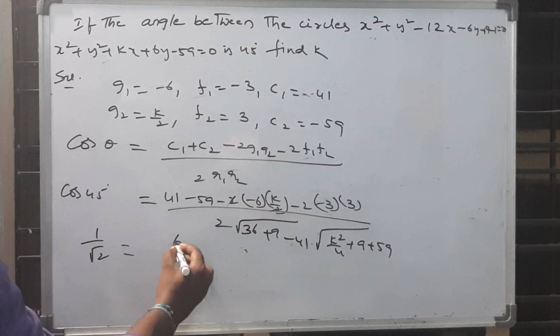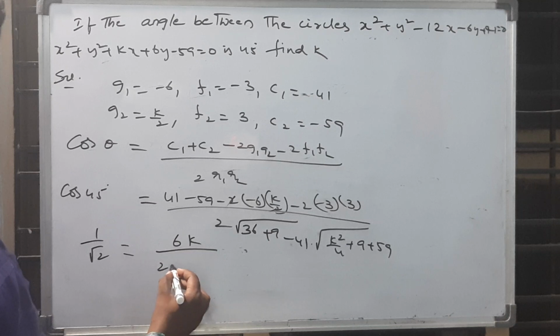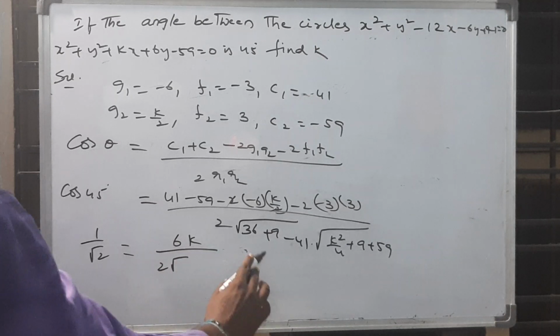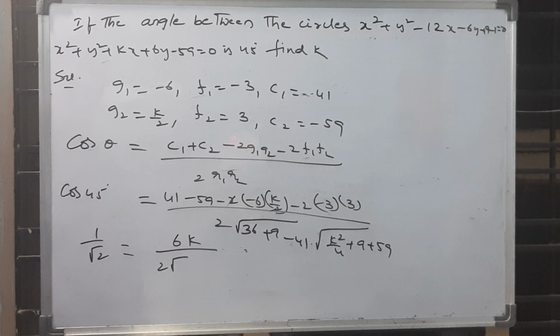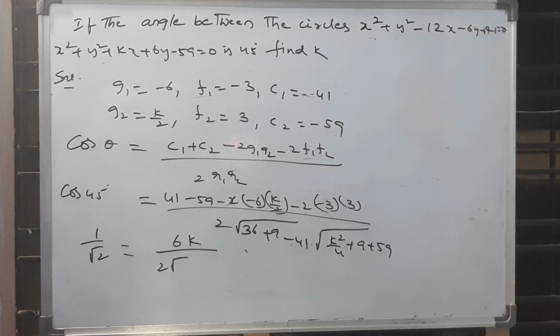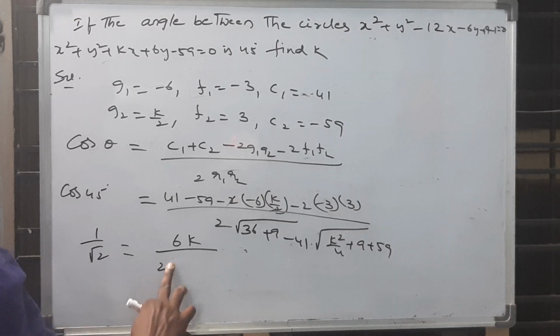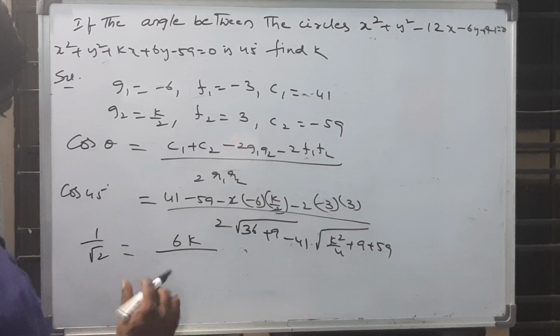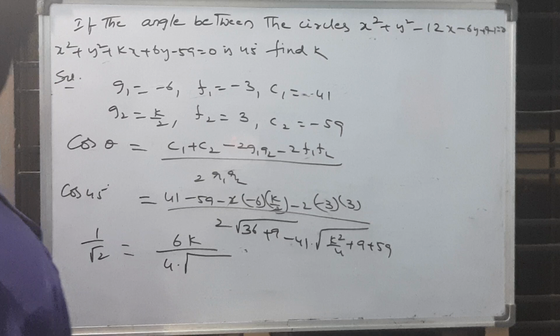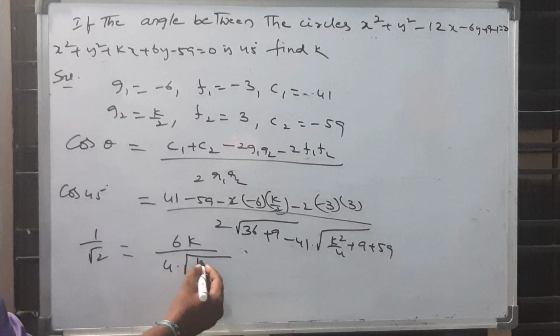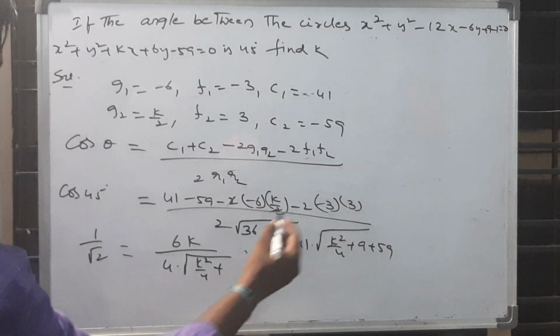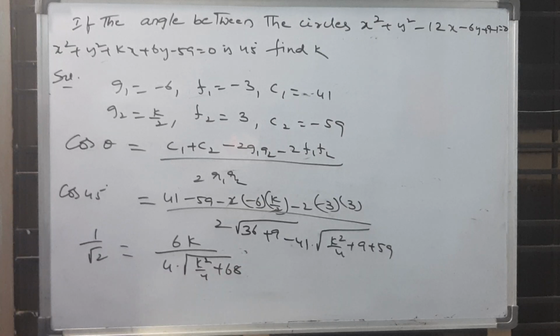Minus into minus plus 6k will come, plus 6k by 2 into root of 36 plus 9 is 45 minus 41 is 4. Square root of 4 is 2 will come. So 2 into 2 is 4. The square root of k square by 4 plus 9 plus 59 is 68 will come.